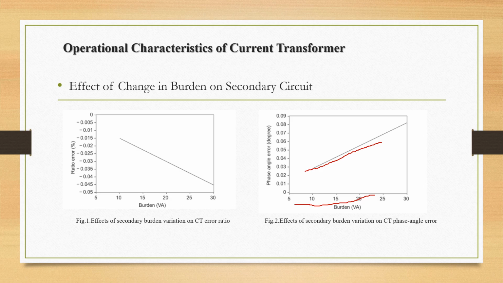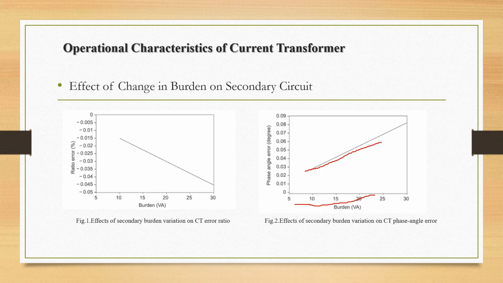From the equation of phase angle error, we can see that if all else is constant, the phase angle error will be directly proportional to Im, the magnetizing component of current. So as burden increases, the magnetizing current increases, and as a result the phase angle error will increase.